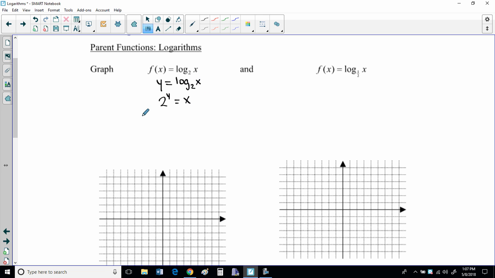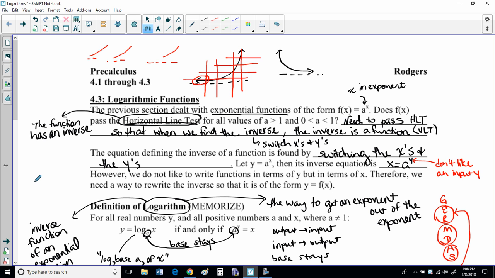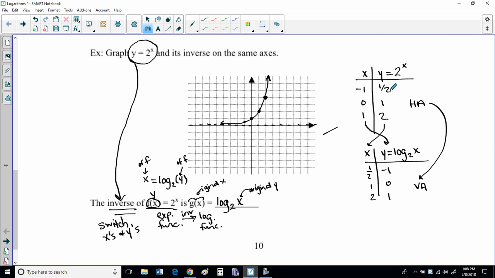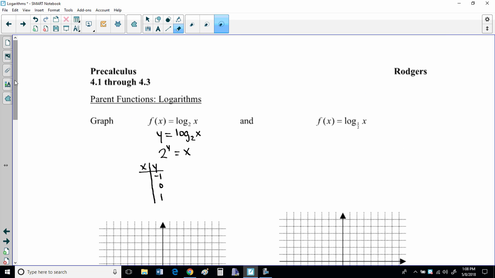I can totally make an XY chart of this, but which one would it be easier to pick? I'm going to pick my y values. So -1, 0, and 1 go over here. The original y's become the inverse x's. Or in other words, the original x's become the inverse y's.